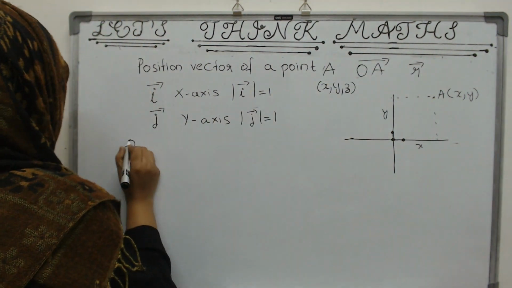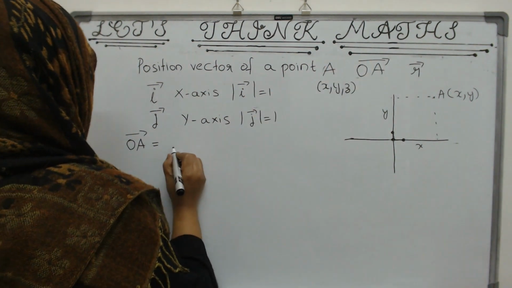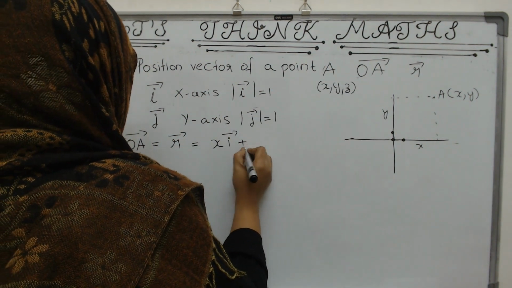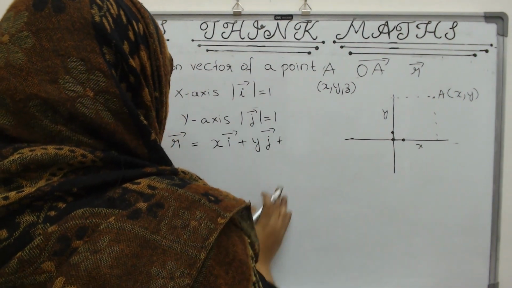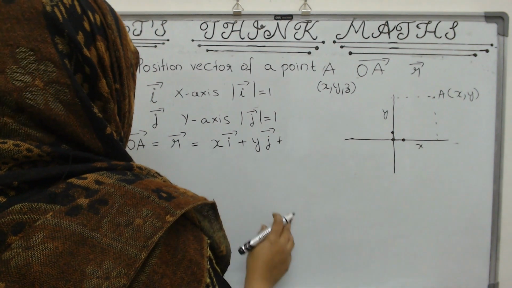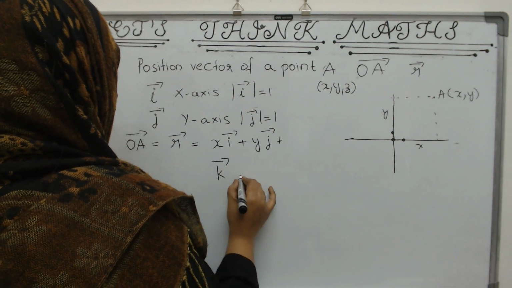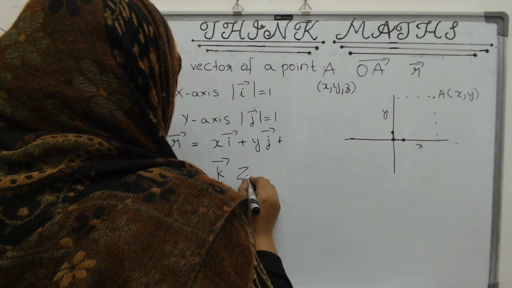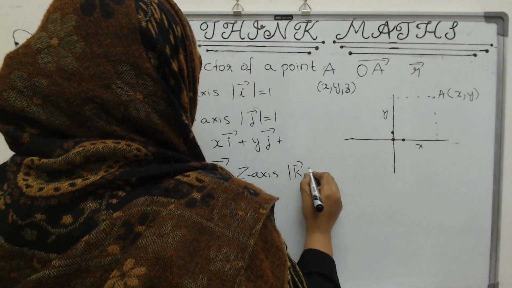So that brings us to the position vector of A, or in other words, R. What is it? xi plus yj, but don't forget this is in a 3D plane, right? So there is a z coordinate also. So there is another unit vector k along the z-axis such that its magnitude is 1, right?